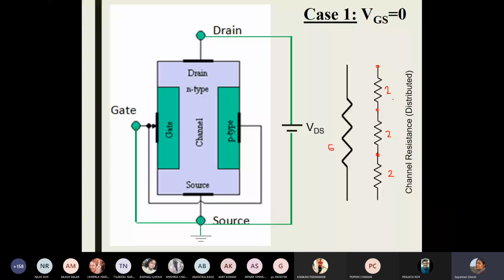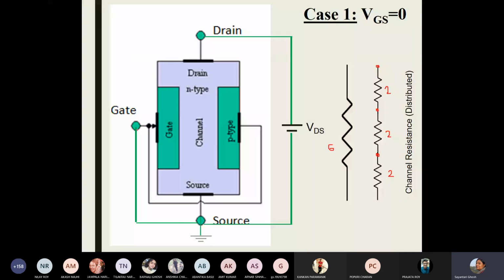So if I consider the resistance of the channel as a channel resistance, I can imagine that it is basically broken into several parts of smaller resistance. It's a distributed resistance throughout the channel. That means this voltage VDS is getting dropped throughout the channel, with different points having different amounts of voltage drop.